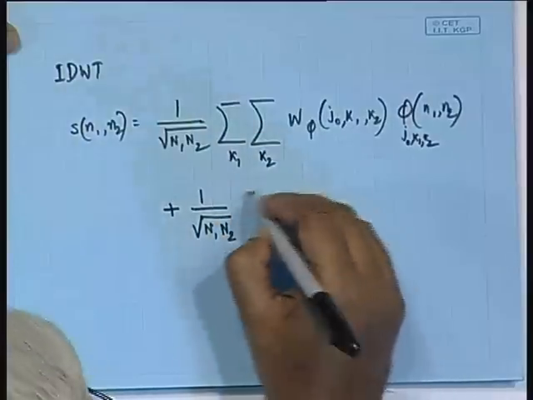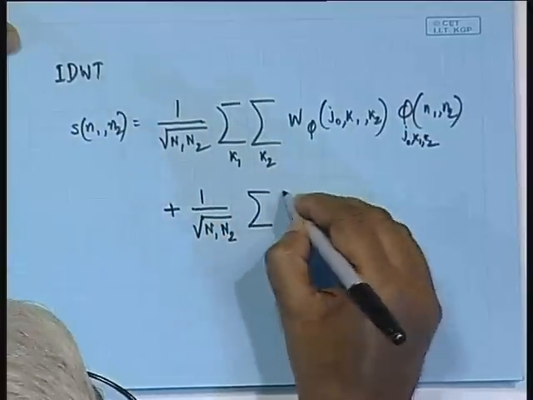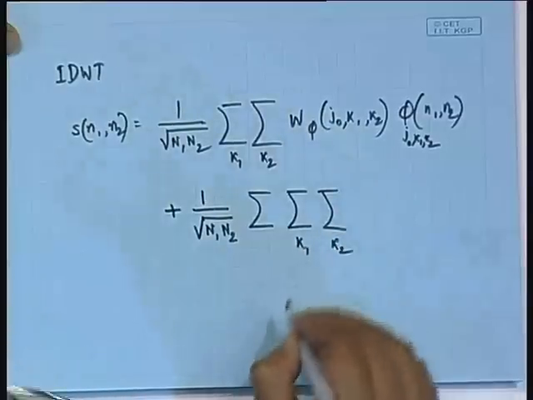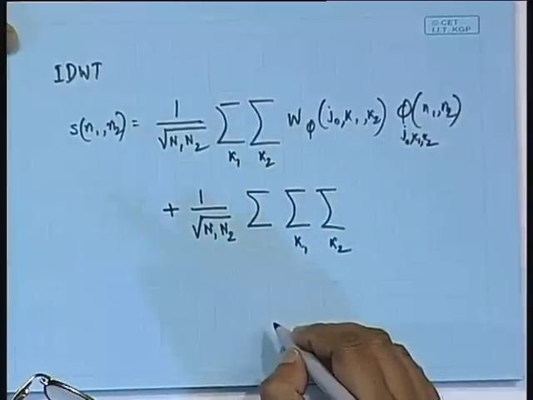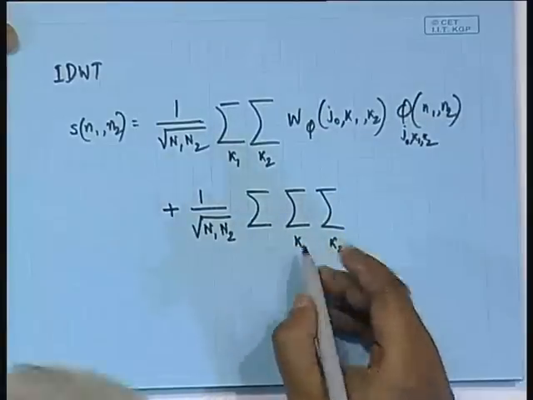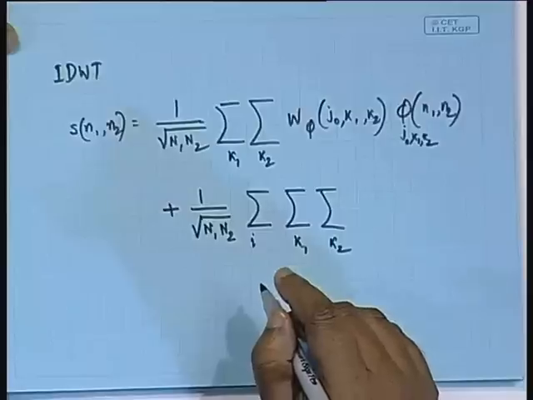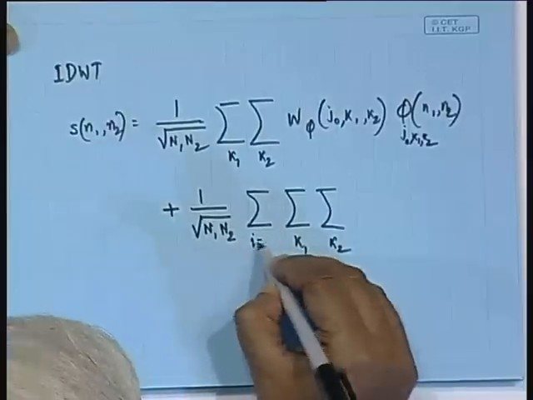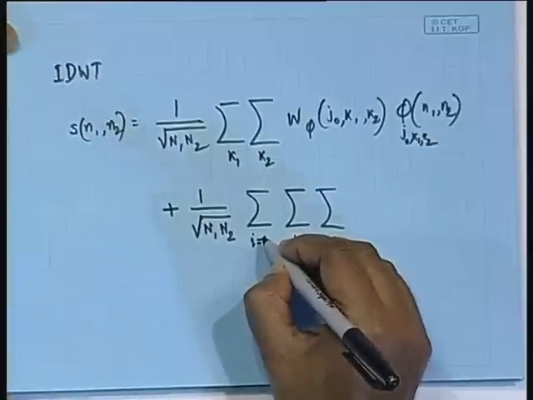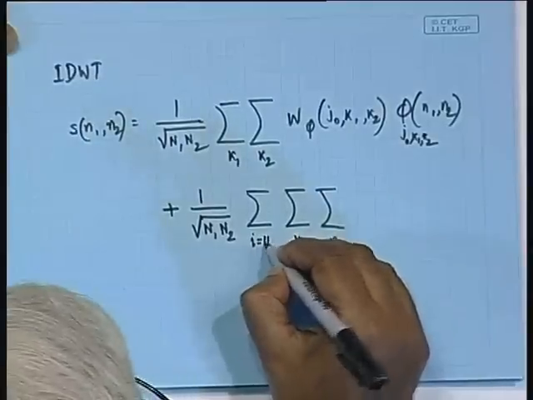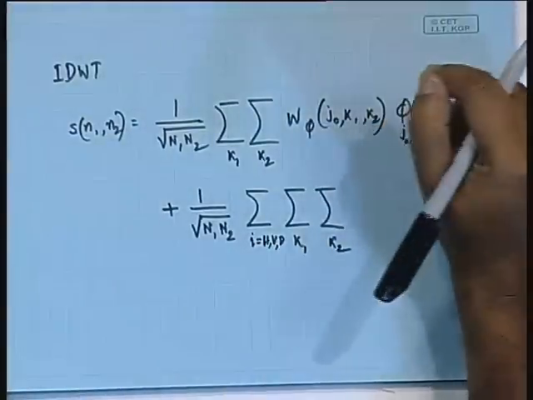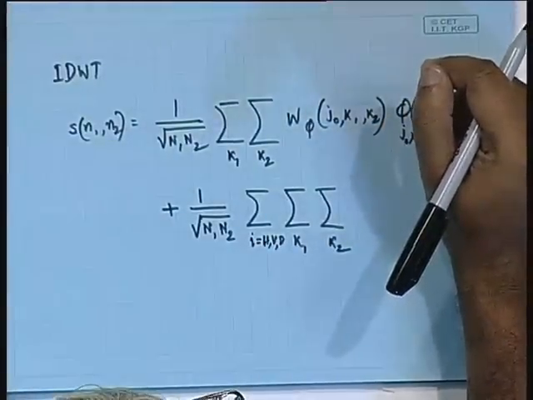In this case, in the summation process there will be not only summation over k1 and k2, but because we have to add up the 3 subbands, we put yet another index which we call i, which could be H or V or D, and summation over k1 and k2.